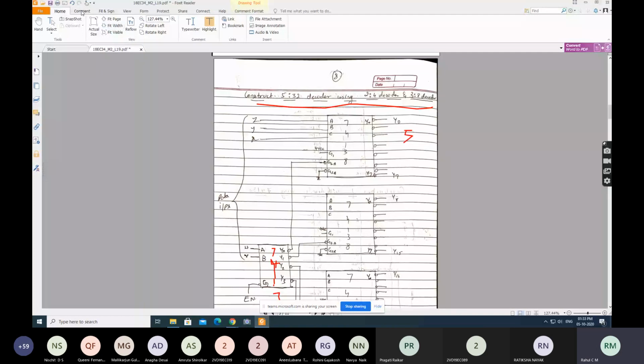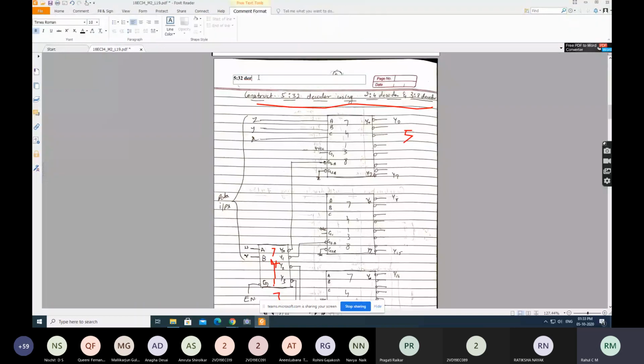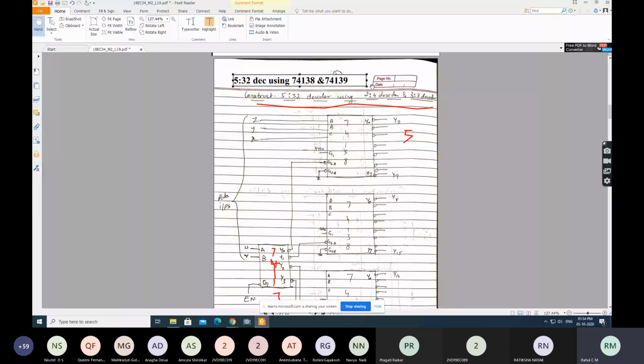They will ask you to implement a 5:32 decoder using 74138 and 74139. Understanding? So in that condition, you have to do this.